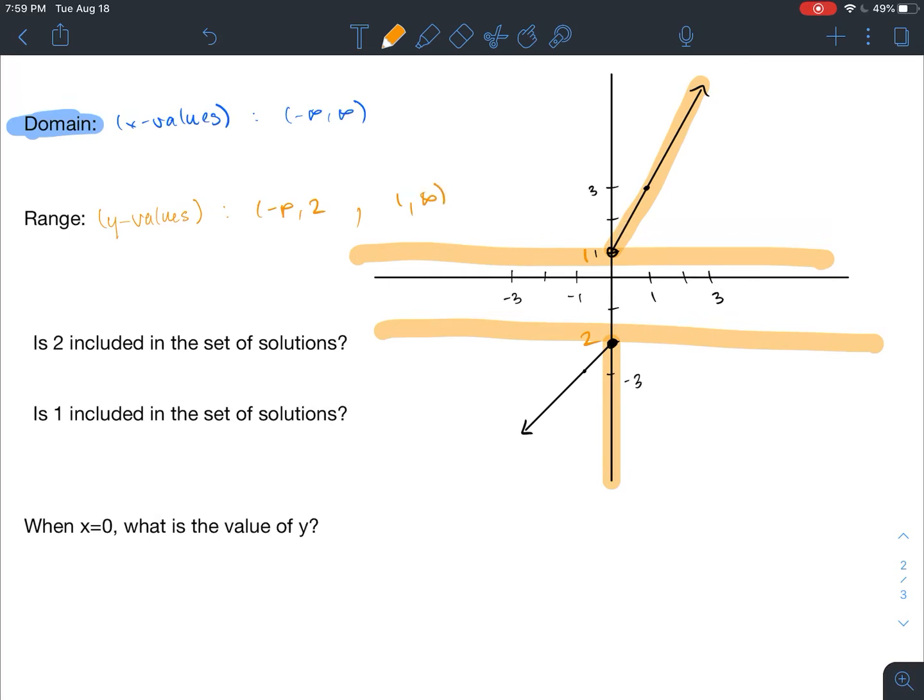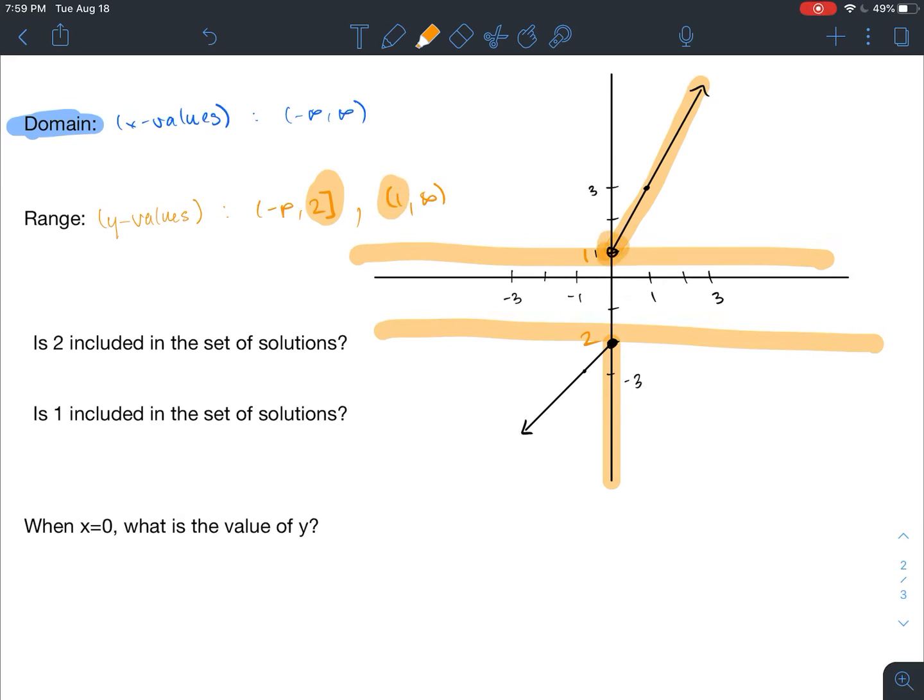Now my question is whether or not we show a bracket or parenthesis right here. That entirely depends on where our closed and open circle is. Since it's closed, we're going to draw a bracket. And for the 1, since it's open, we're going to draw a parenthesis. So this tells us that our y value is included here and not here.